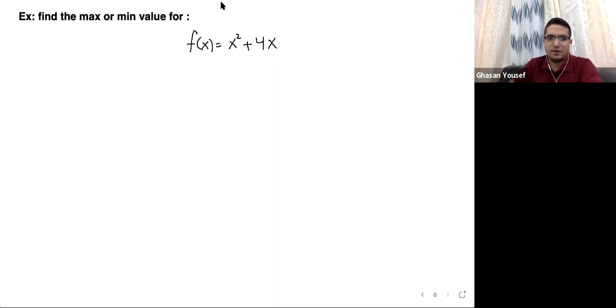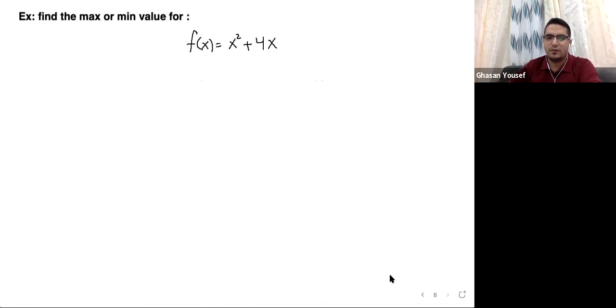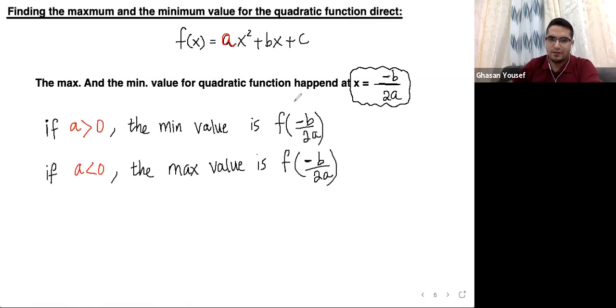To find the maximum or minimum value directly, we should first know the sign of a. What is my a value here? It's 1, exactly. Here's my a, the coefficient of x squared.